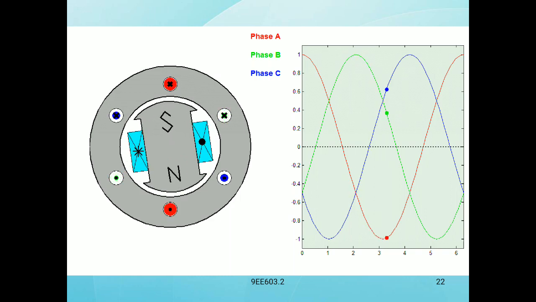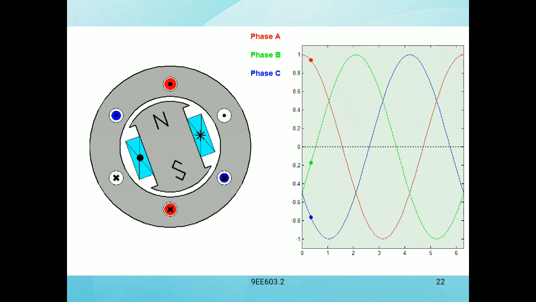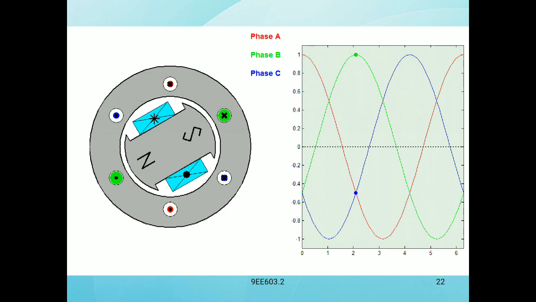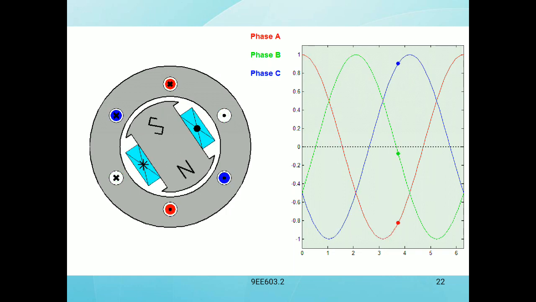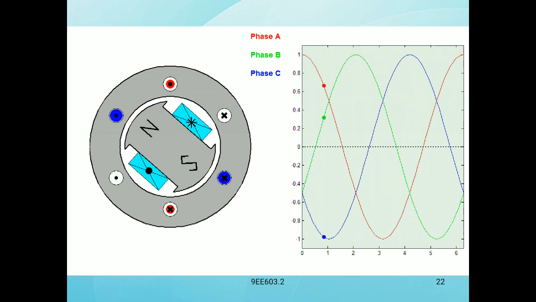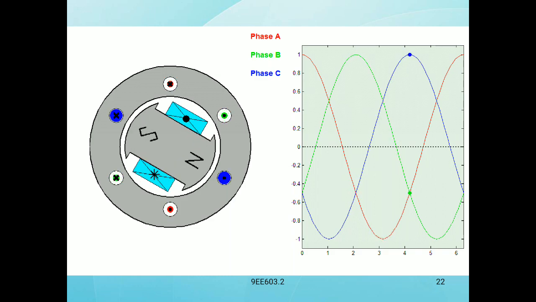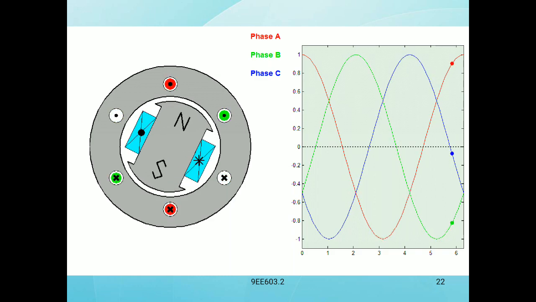Here there are only two poles. Very carefully observe this one.